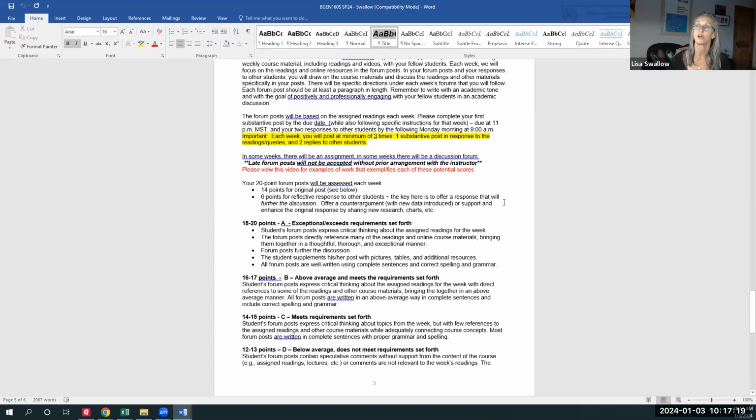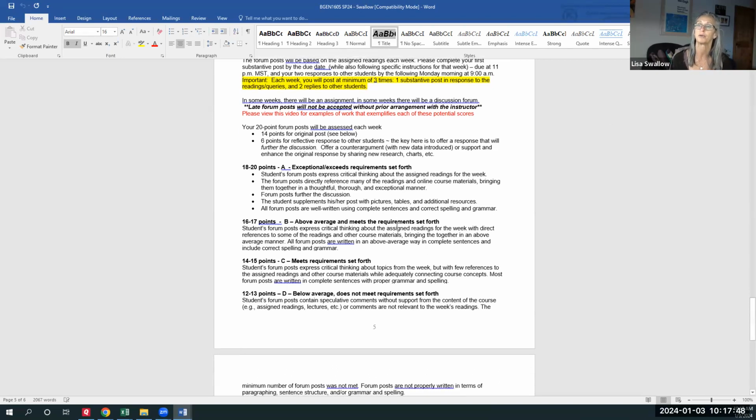The key here is to offer a response that will further the discussion. So just saying, oh, I agree, or great post, or yeah, I think that too, is not enough. I want you to add material, thoughts, possibly new authors that will bring some additional data to that conversation, or identify new areas of research that could be engaged in based upon that.